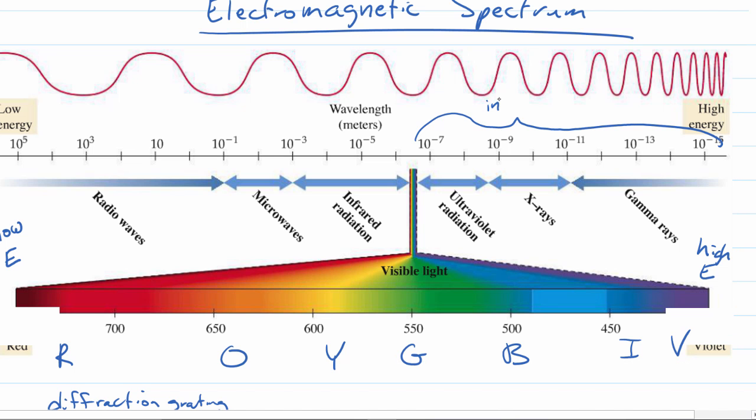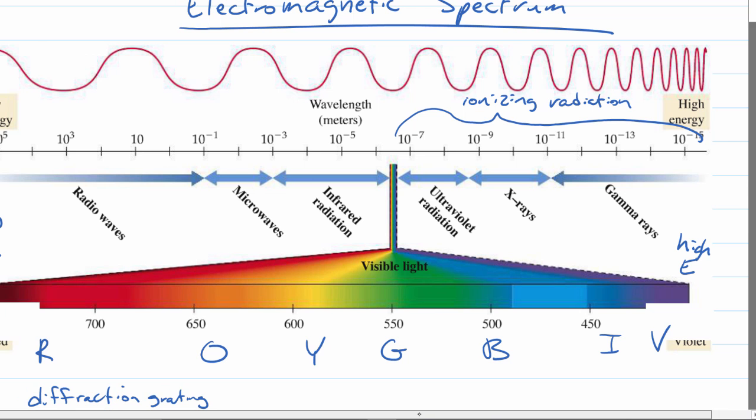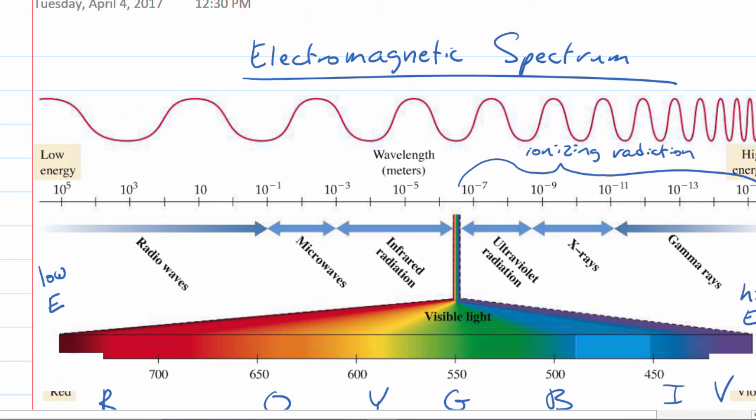So this here, to the right of the visible light, is what we call ionizing radiation. And the stuff that sits here to the left of the visible light, this is stuff that we refer to as non-ionizing radiation.